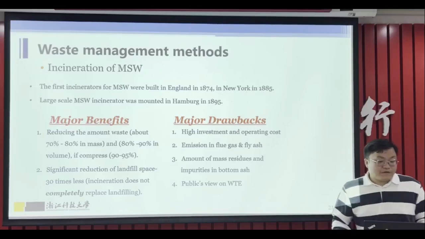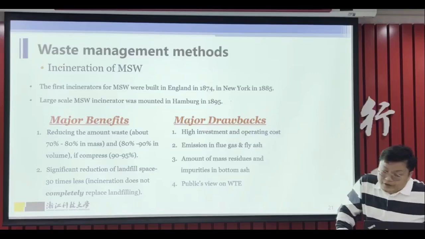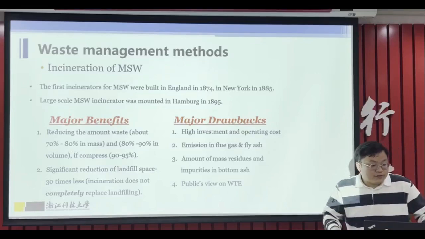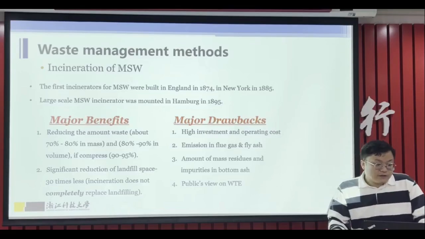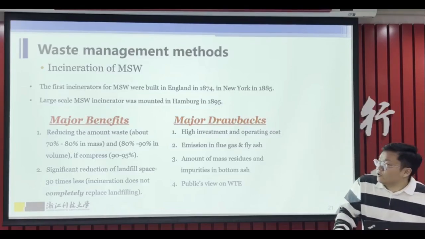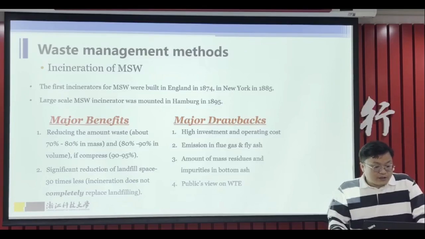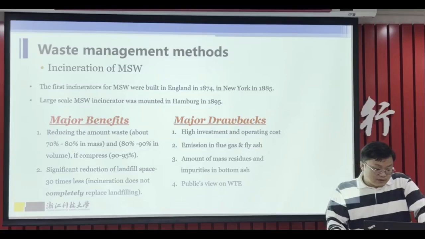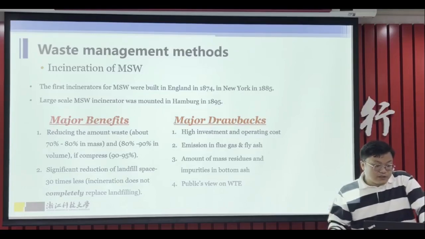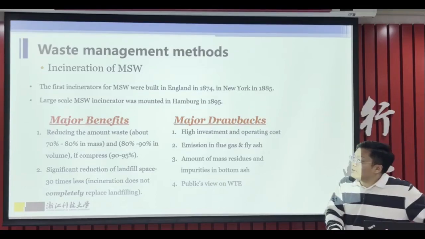The major benefit of municipal solid waste incineration is that it can reduce the amount of waste, which is about 17 to 80% in mass and 18 to 19% in volume. If compressed, the reduction can reach 19 to 95%.